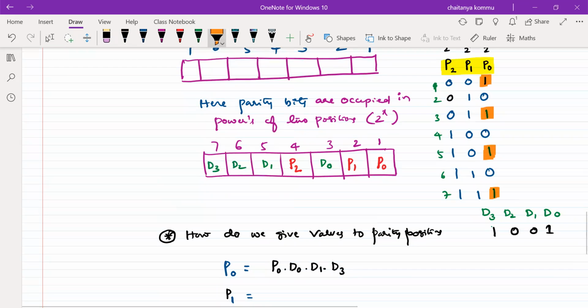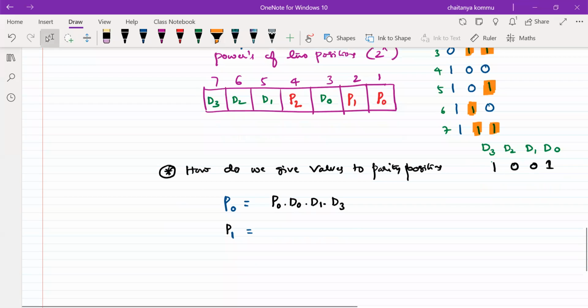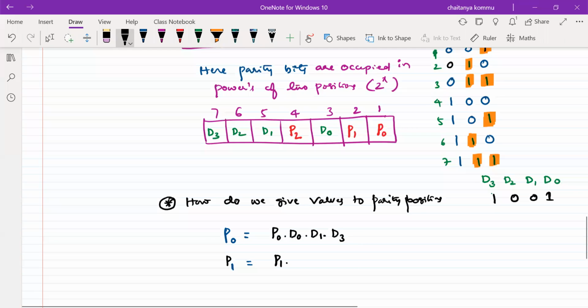So here and here, the second position information is required for us. What is the second position information? P1, next D0 is required.